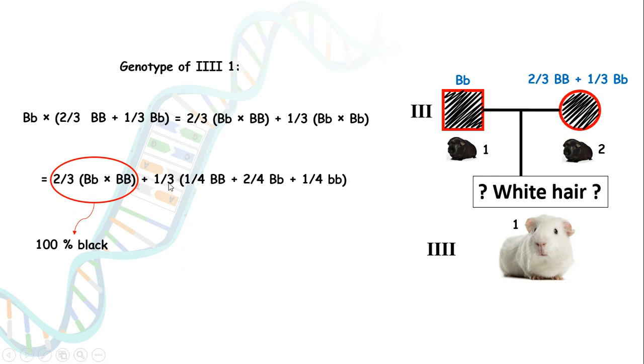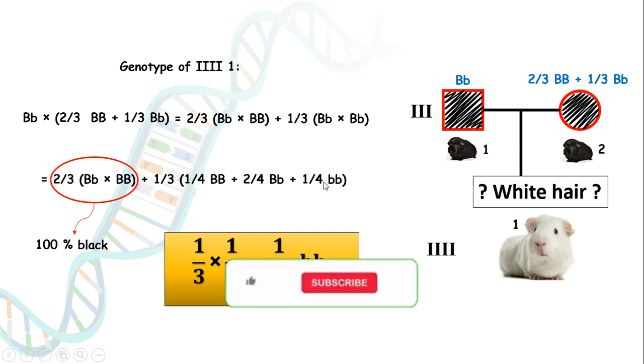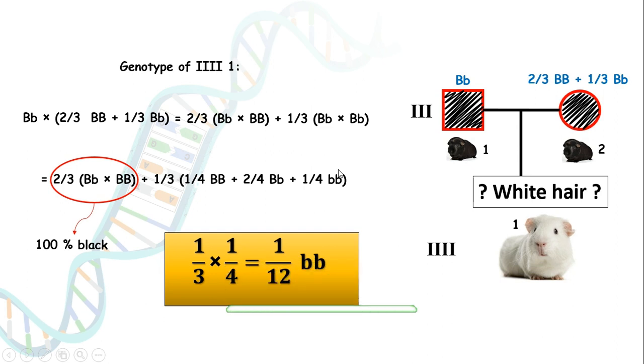And let's take a look at this one. We will have just 1/4 recessive homozygous here, and if we want to calculate the final answer, we need to multiply 1/3, as we have 1/3 here, and 1/4 as the proportion for the recessive homozygous in this cross, which means finally we have 1/12 as the probability for having the white hair for individual 1 in the generation 4.